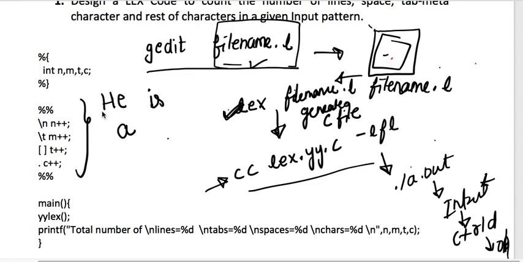Now what it will be doing is checking character by character. H, line change, no. T, tab, no.